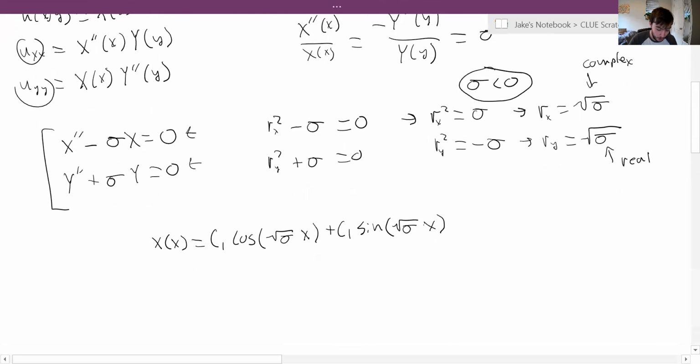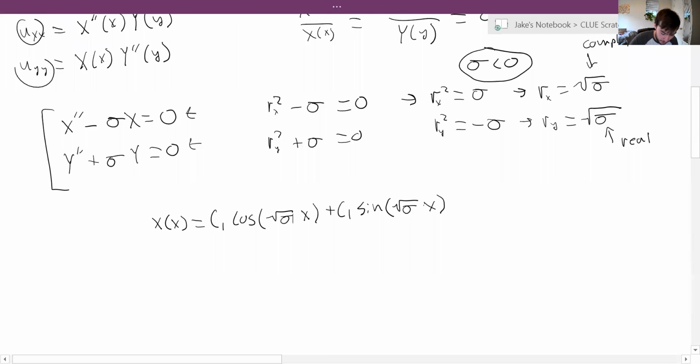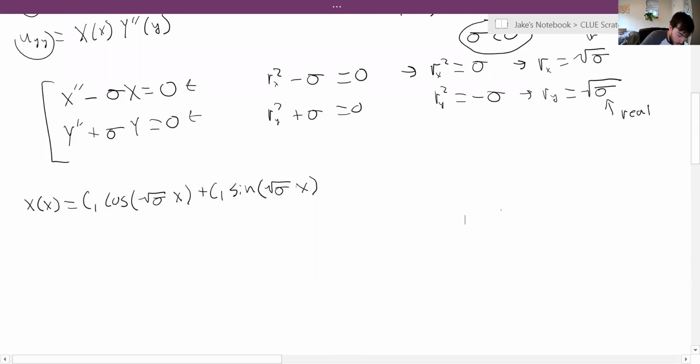So we know this. I'm going to move this over. So we know one other thing. We know the form that y is going to take. So these are real valued roots. So we know we're going to get exponential functions, right?